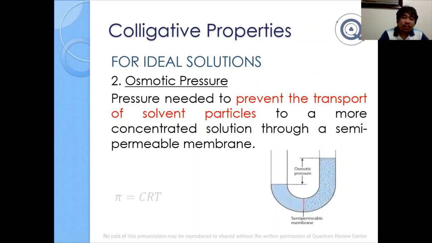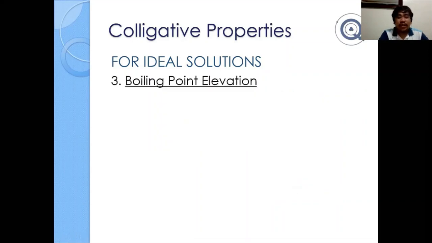Okay, and that is simply, napakadali ng formula, pi is equal to CRT. So wherein the C is the concentration, R, universal gas constant, and T is temperature. Pi equals CRT. Very easy. Okay? Common sa board exam, pwedeng lumabas sa PChem, pwede rin lumabas sa INORG. Okay? BPE, boiling point elevation.